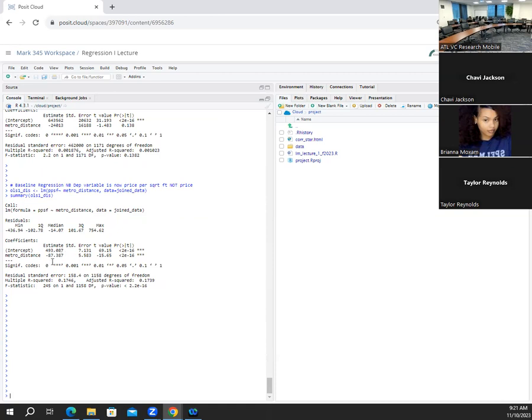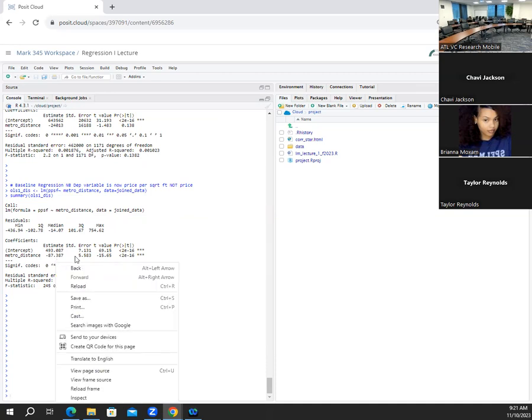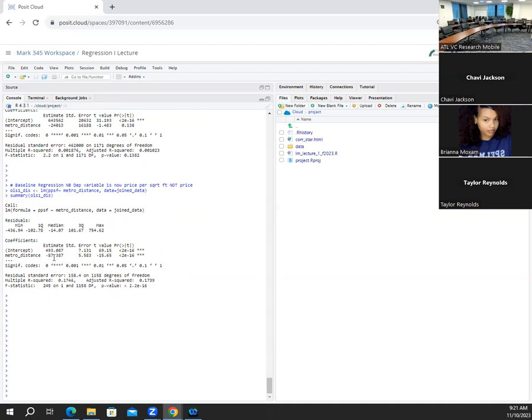And it's minus 87, so for every mile away from the metro station, the price per square foot would drop how much? 87,000. 87, and this is in dollars because it's price per square foot. Oh, $87. And so it's just $87 because we're thinking about it in that context.